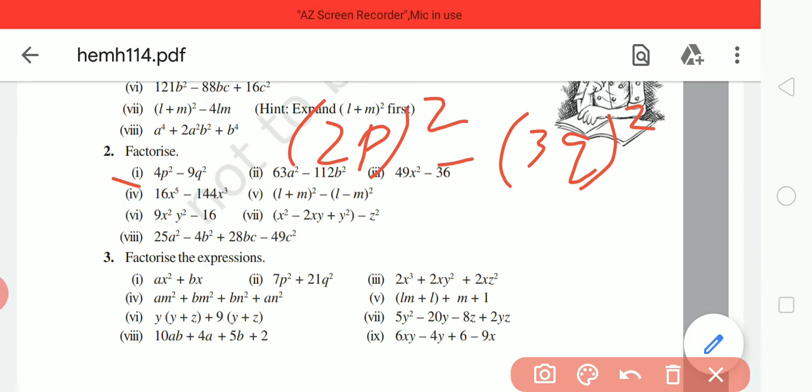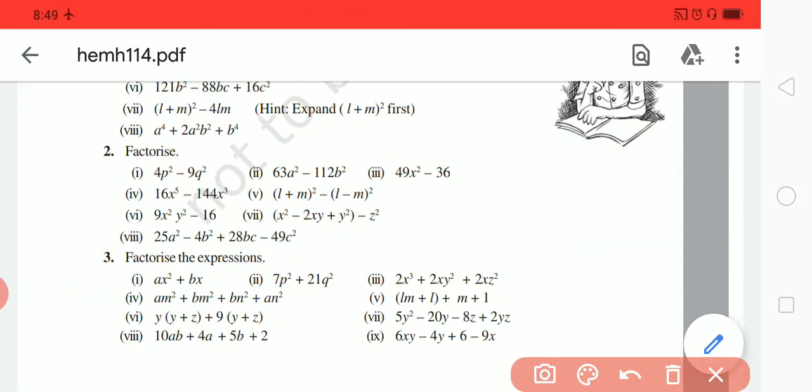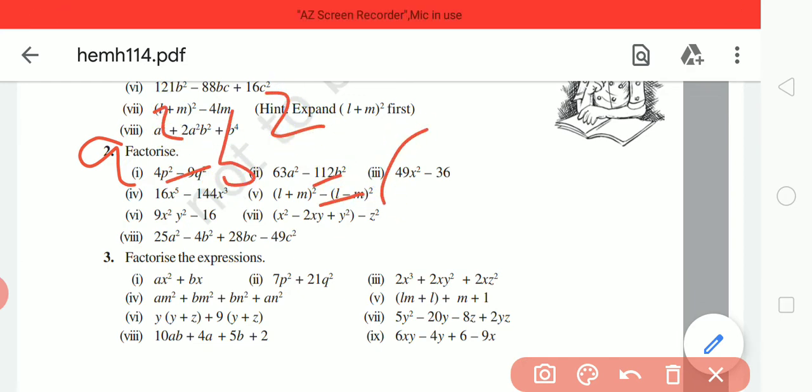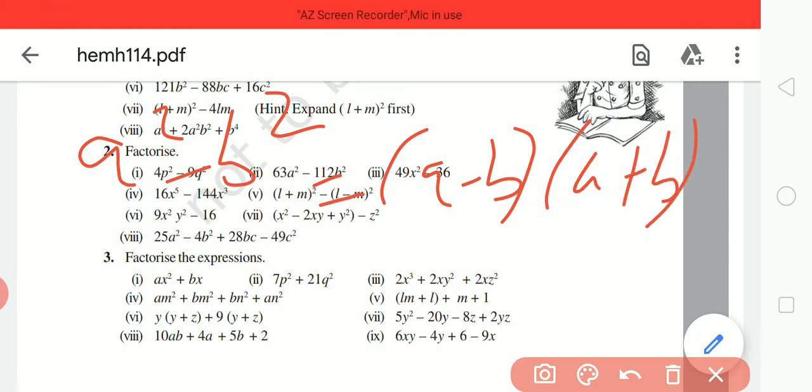Here if you compare, a is 2p and b is 3q, so it becomes a square minus b square, that is equal to a minus b into a plus b, right? So instead of a we will use 2p, and instead of b we will use 3q.